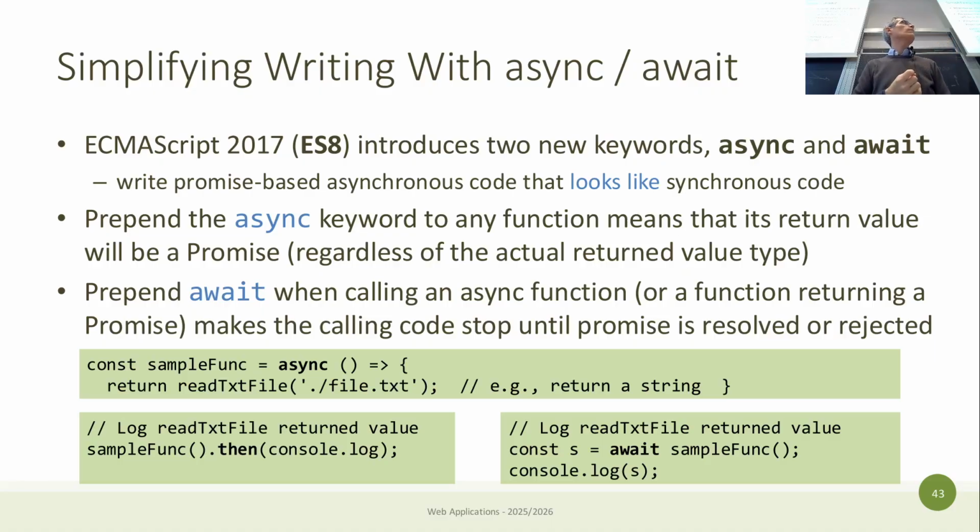ES8 is a more recent version of JavaScript, okay? But as I told you in the beginning, we don't really care because we have Node, which is a recent version, so it executes recent versions of the JavaScript language, much more recent than ES8.